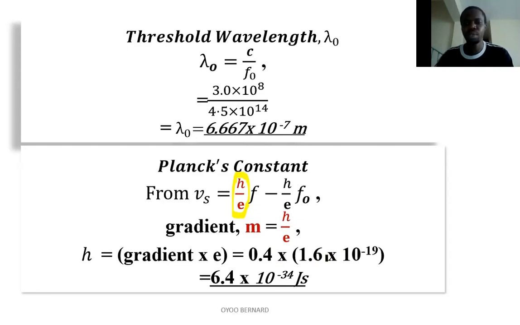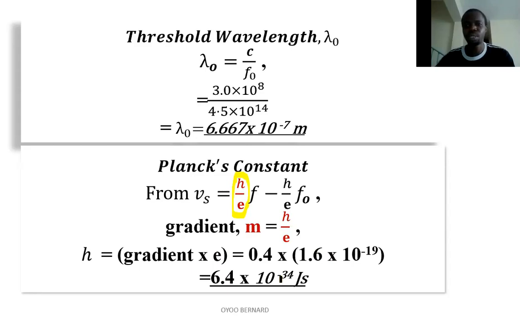Not really Planck's constant, but this is e, the charge on an electron, which is 1.6 times 10 raised to negative 19. Then you get 6.4 times 10 raised to negative 34, depending on the gradient that you obtain from your graph.